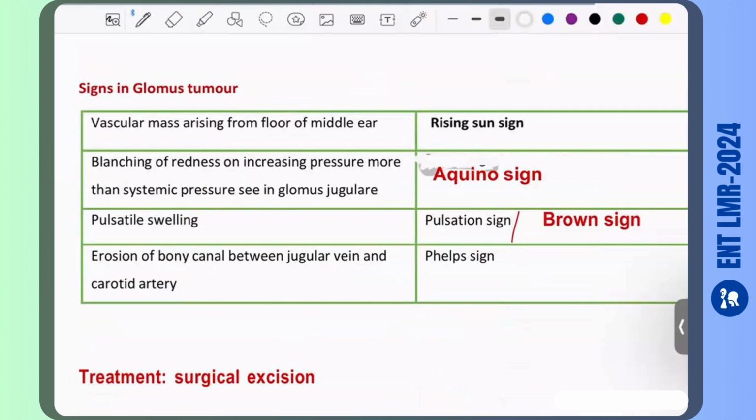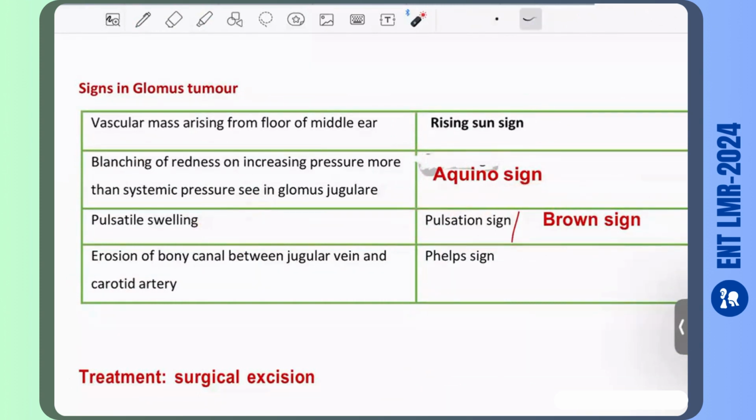Many signs are present in glomus tumor. A vascular mass arising from the floor of the middle ear is called the rising sun sign. Blanching of the eardrum on applying pressure is called the Aquino sign. The pulsatile swelling is called the pulsation sign or Brown sign.